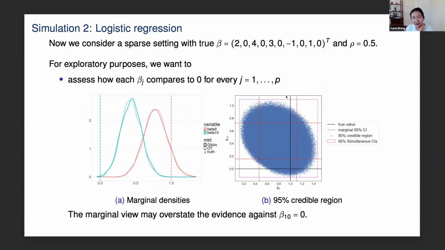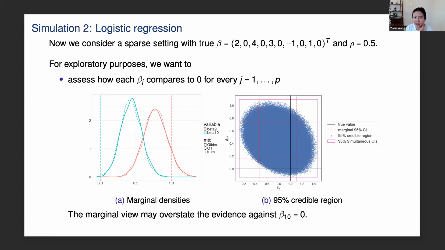And I think the more interesting application here is we want to show how our 95% credible regions may help you do exploratory data analysis. So we consider a slightly different setting this time.